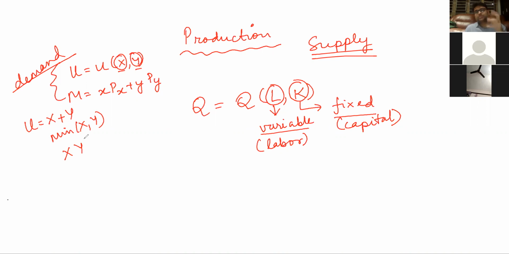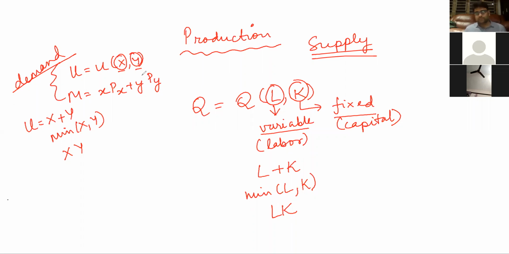Similarly, my production function can also assume all of these. My production function can also take the form of a perfect substitute, a perfect complement, or a Cobb-Douglas. It can take all the forms that the utility functions can take. So it's very similar in the concept. I can call it a mirror image, the demand side and the supply side mirror image.